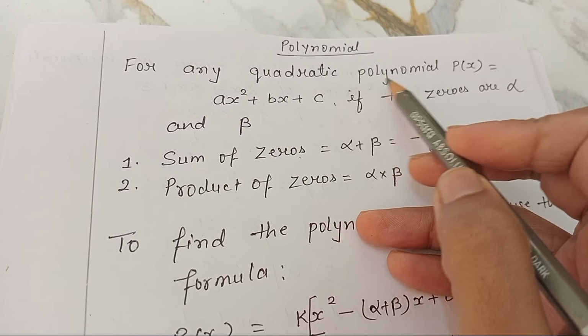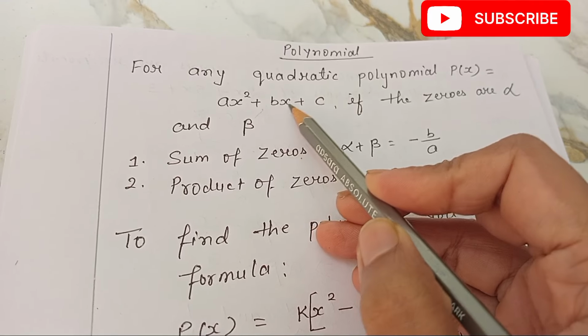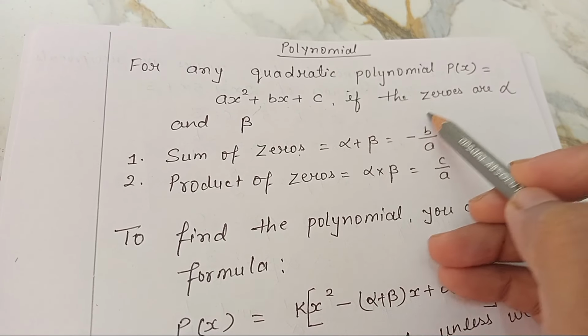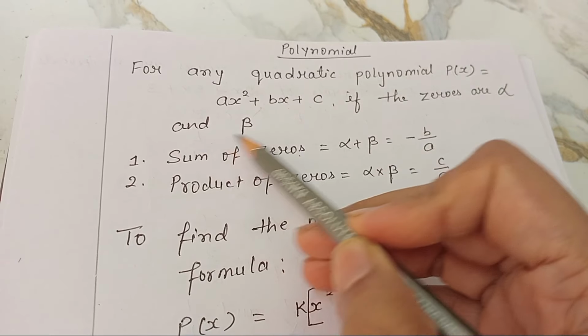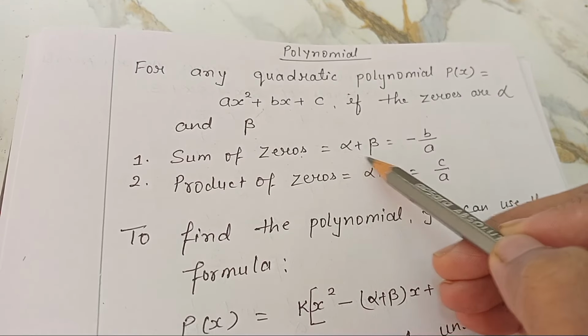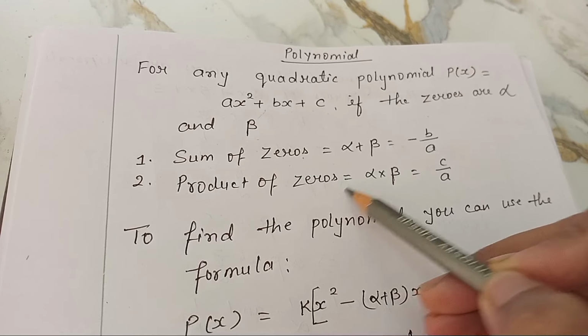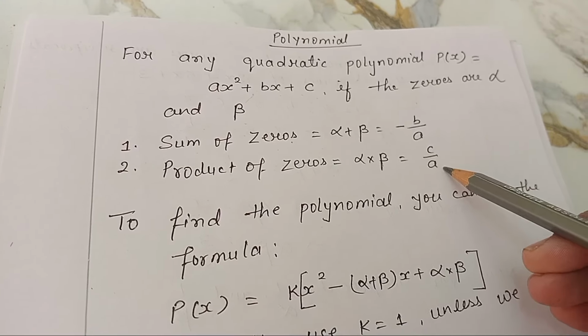For any quadratic polynomial p(x) = ax² + bx + c, if the zeros are alpha and beta, then the sum of the zeros is equal to -b/a, and the product of zeros is equal to c/a.